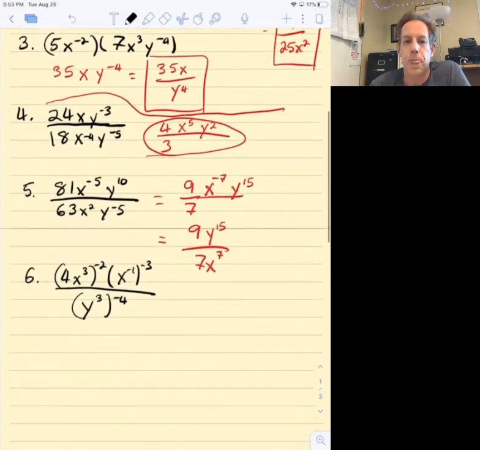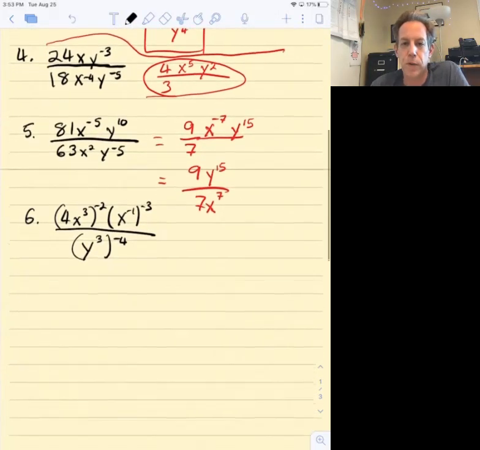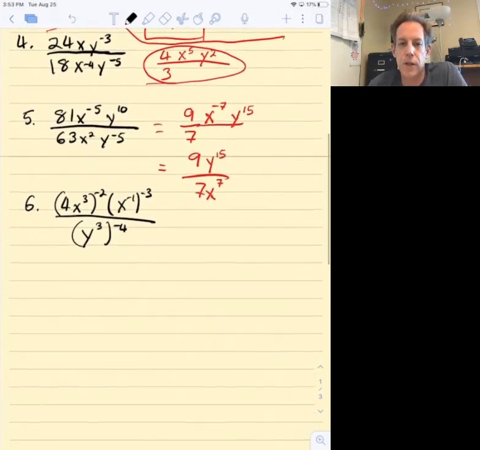So for number 6, this is going to be a multi-step problem. What I would suggest doing first, well, there's a couple different things you could do. First of all, since each parentheses has a negative exponent, you can move the whole group of the parentheses either to the denominator or this denominator to the numerator to get rid of the negative exponents.